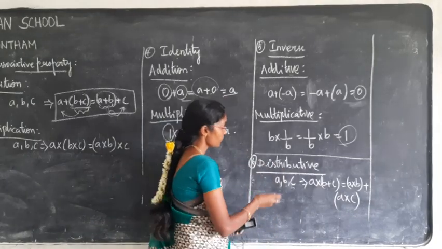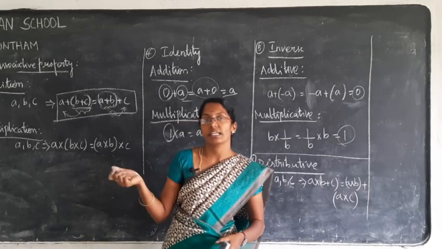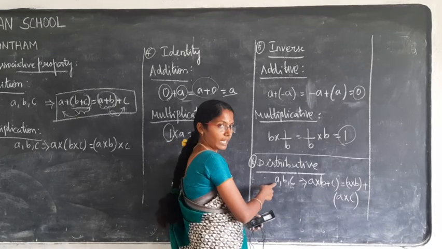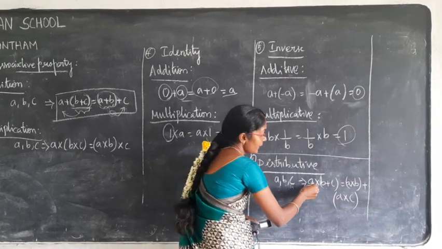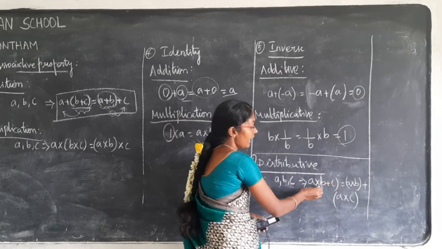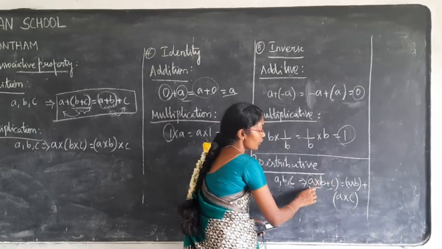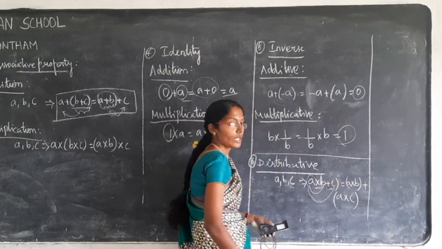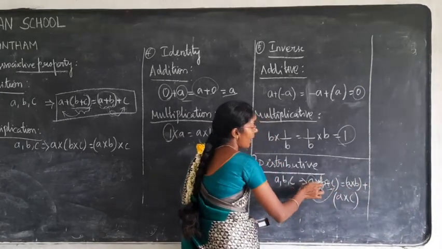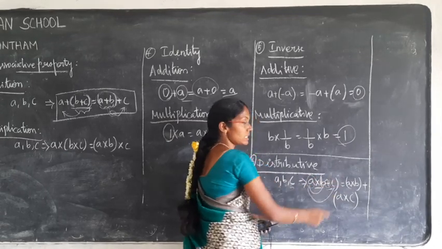So see here. For any 3 rational numbers, as I already said for associative property and distributive property, you will take 3 numbers. So for any 3 rational numbers a, b, c, a into b plus c. Here 2 operations and 3 numbers are there. So here a is distributed to b and c. So a into b plus a into c. So a is distributed, spread among b and c.